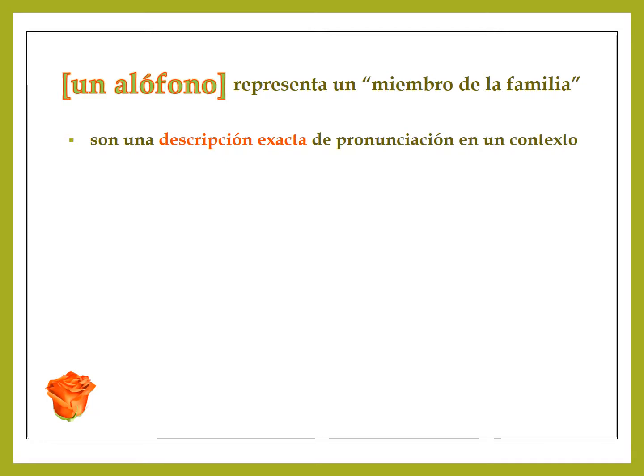Los alófonos son representaciones de pronunciación como ocurre en un contexto en particular. Alófonos diferentes no producen cambio en el sentido. Recuerda, fonemas diferentes, sentidos diferentes. Alófonos diferentes no producen cambio en el sentido.